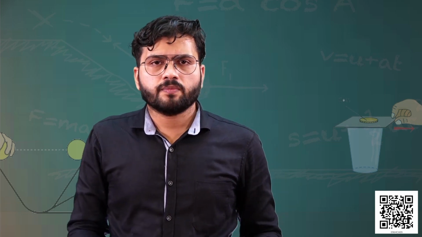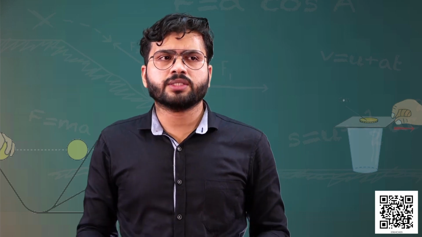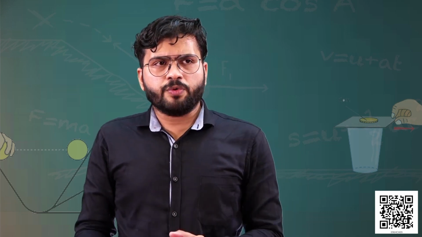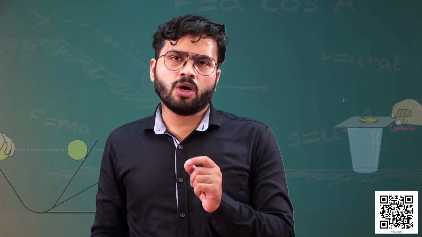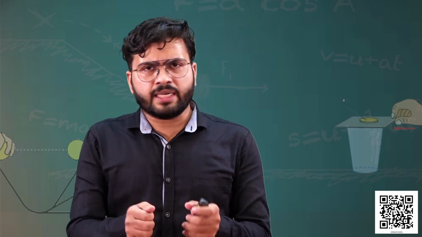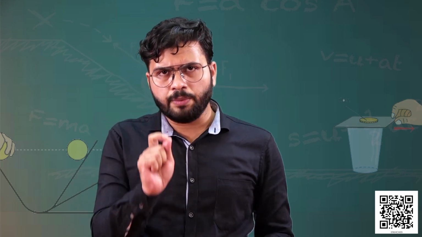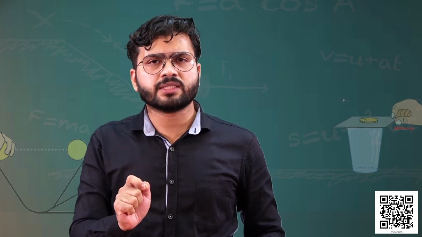What will happen? Suppose in a game of cricket, if you want to catch a ball, if you hold that ball immediately, if you want to stop that ball immediately, it will hurt your palm. Why is it so? Because if you immediately hold that ball, the time period during the change of the velocity will be very less.